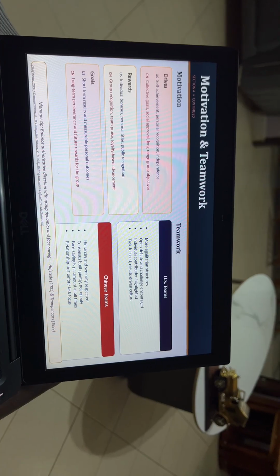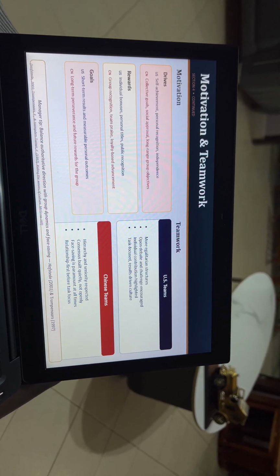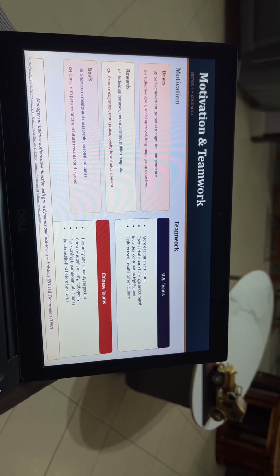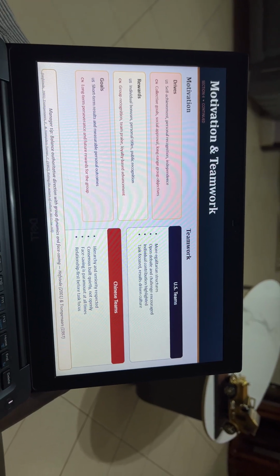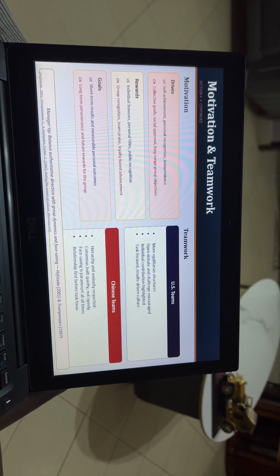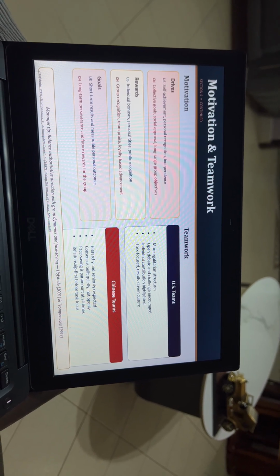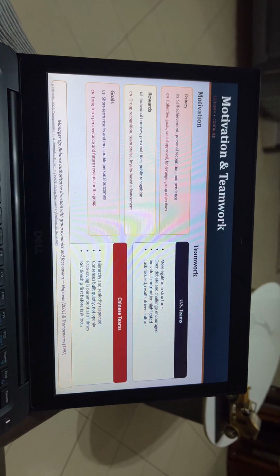Under US, individual bonuses, personal titles, and public recognition is what drives motivation. In China, it's group recognition, team praise, loyalty-based advancement is what drives motivation.